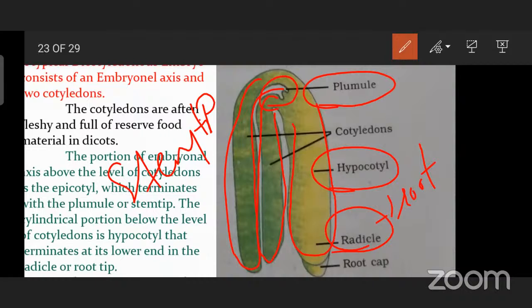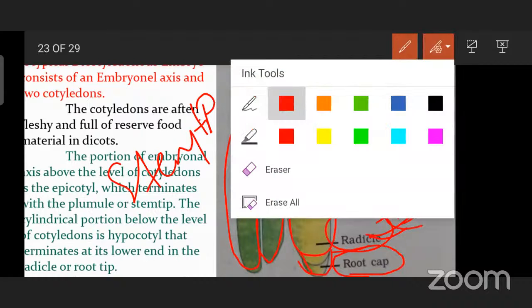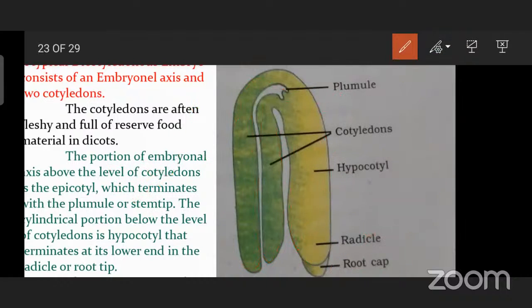The root tip is covered with a root cap. See here, this is the root cap. Radicle is the root part and plumule is the shoot part. This is the dicotyledonous embryo.